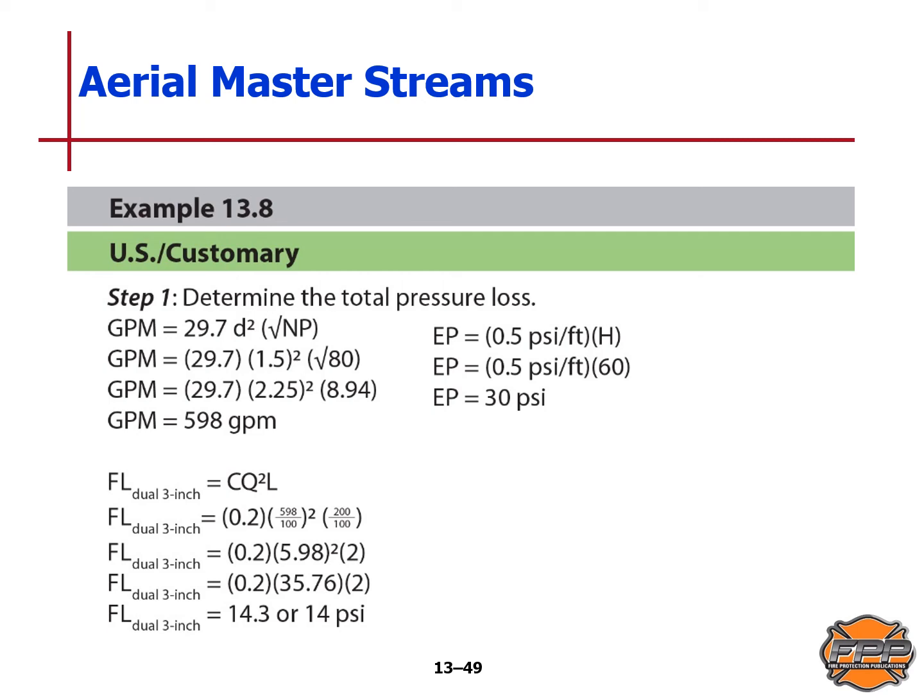So friction loss for dual 3-inch is 0.2 times 5.98 squared times 2, and when we work out the math, we get 0.2 times 35.76 times 2, which is friction loss of 14.3, which rounds down to 14 pounds per square inch.